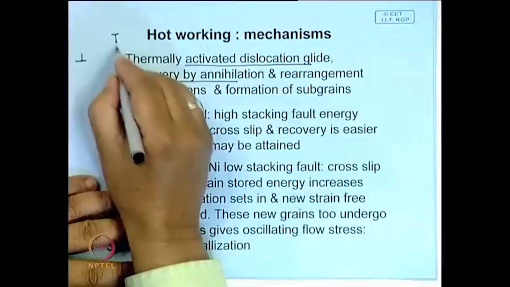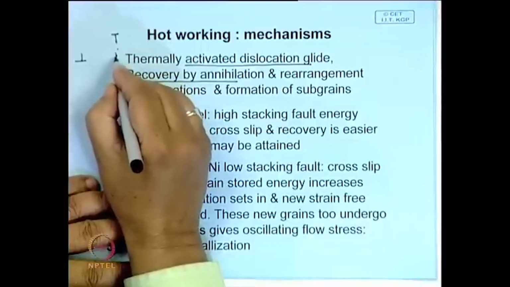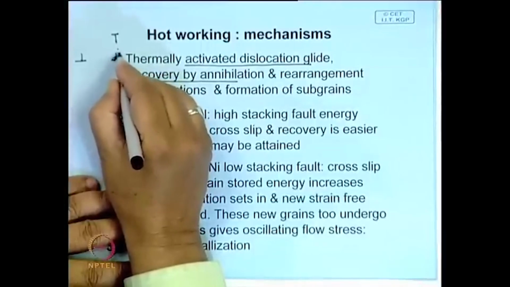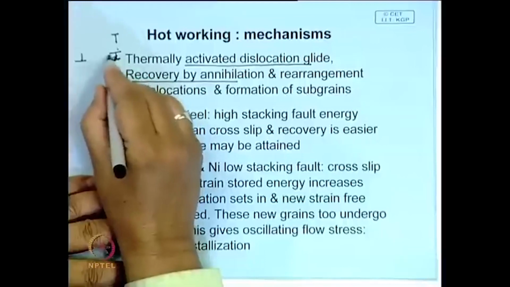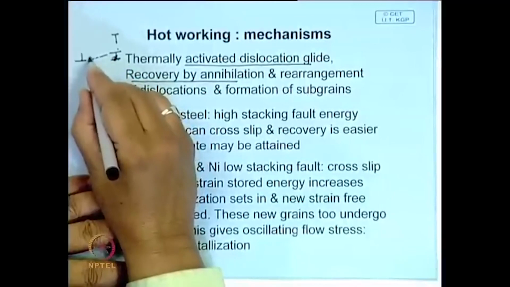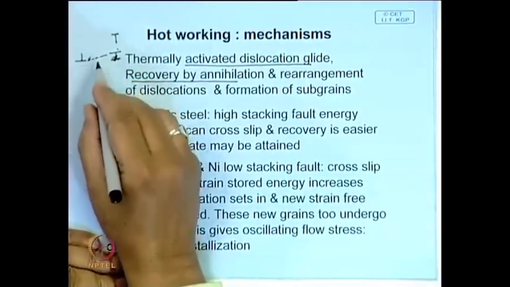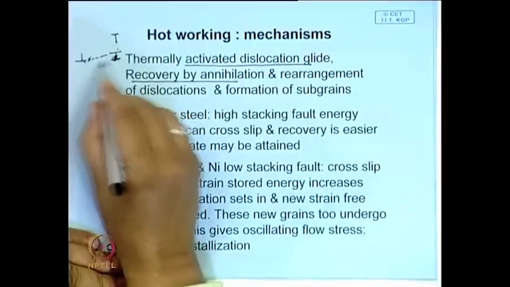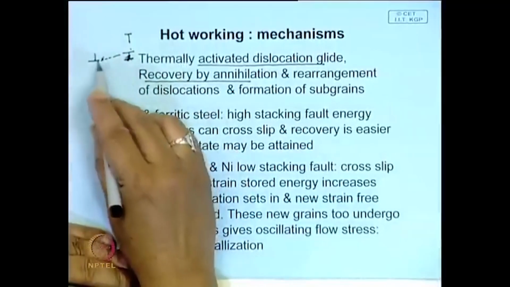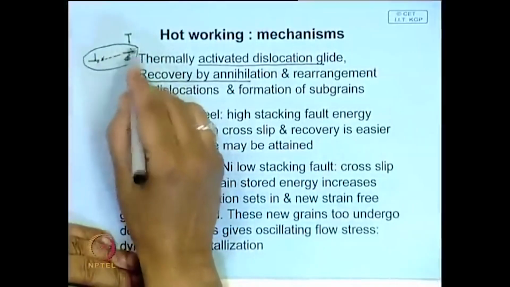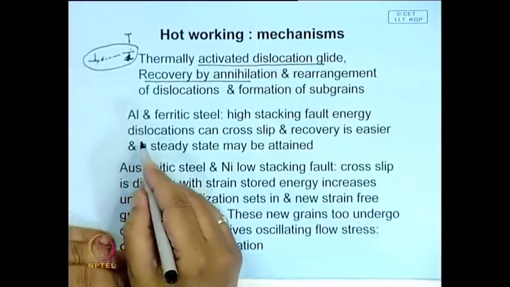So, this will climb down, it comes here on the same plane, and then it moves on this plane, and then it annihilates. When the two join together, the dislocation will disappear.